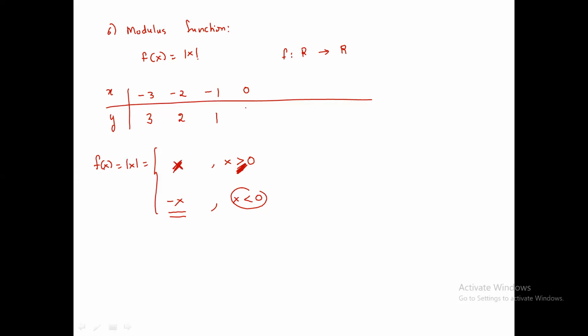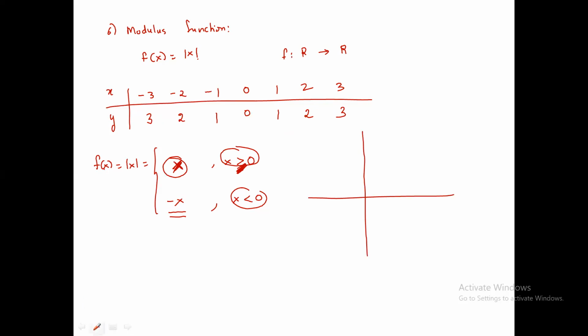Y will be 0 only. Next, if I take positive values 1, 2, 3, y will be x only. So x is 1, y is 1. X is 2, y is 2. X is 3, y is 3. This is how modulus function is defined.